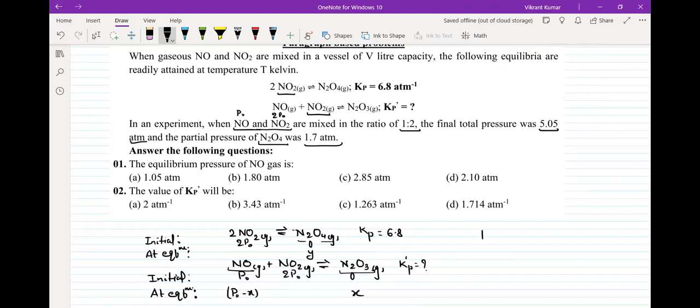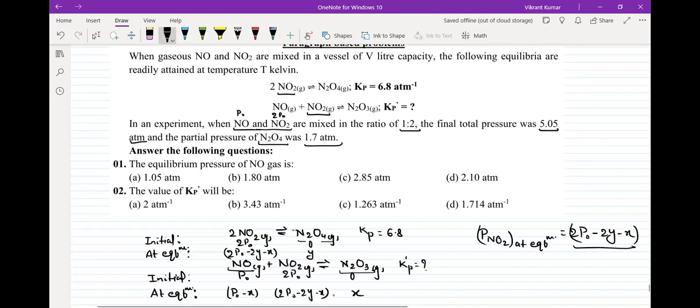So what we are writing, P of NO2, if you want to know at equilibrium, so what I'll write, initially it was 2p naught. In each reaction it is getting consumed. So in first reaction the consumption is 2y. In the second reaction the consumption is X. So that's why we'll be writing this net in each reaction, and that's why it will become 2p naught minus 2y minus X here, and we'll write 2p naught minus 2y minus X here also.